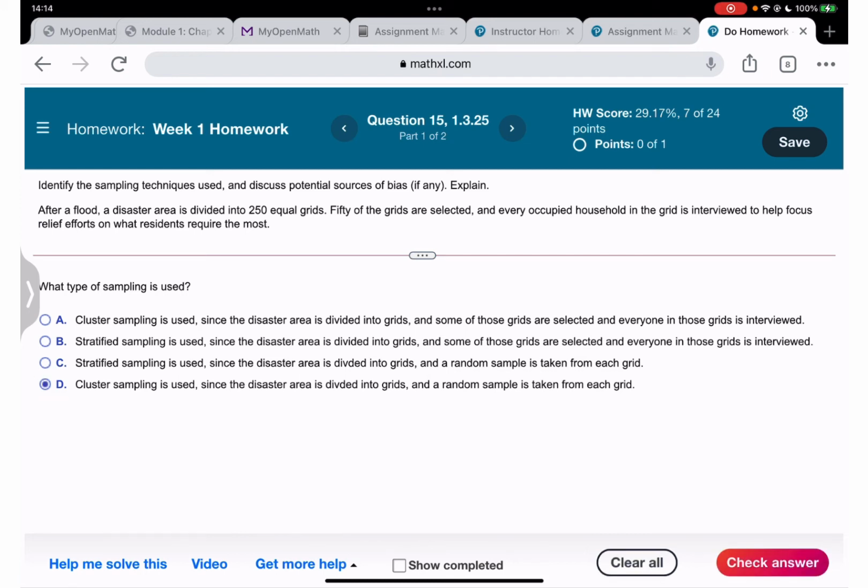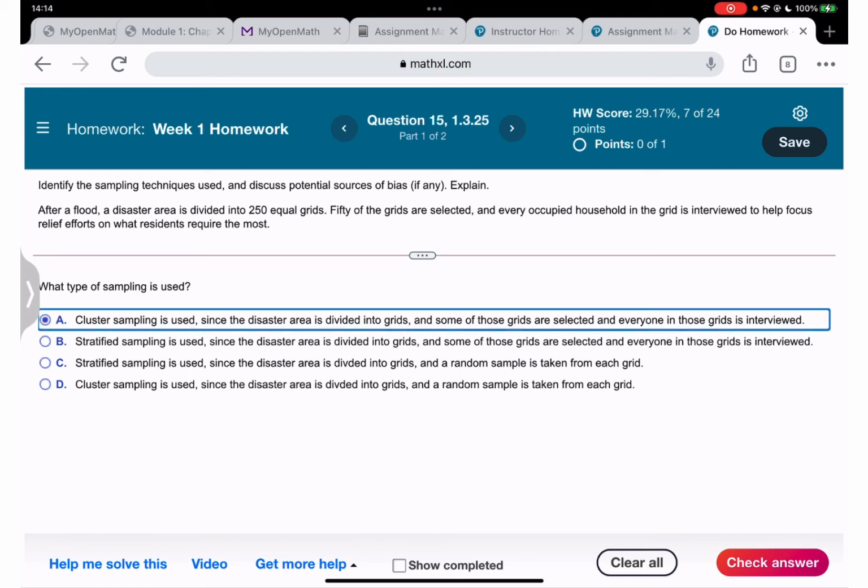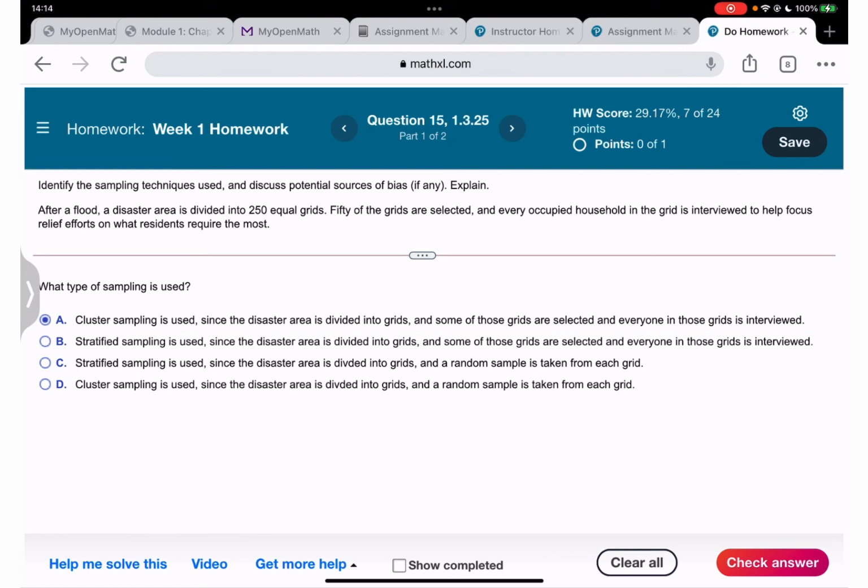Cluster sample is used since the disaster area is divided into grids and a random sample is taken. No, from a cluster, when you have a cluster, you don't choose randomly. The entire cluster has to participate. Remember here, that's why I stopped: every occupied household in these clusters.